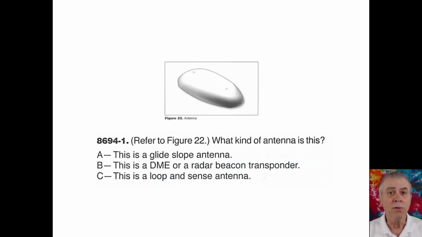Figure 22, what type of antenna is this? Is that glide slope? It does appear to be horizontally oriented, polarized. Or is it a DME or radar beacon transponder? Or is it a loop and sense antenna? I like loop and sense the best so far.